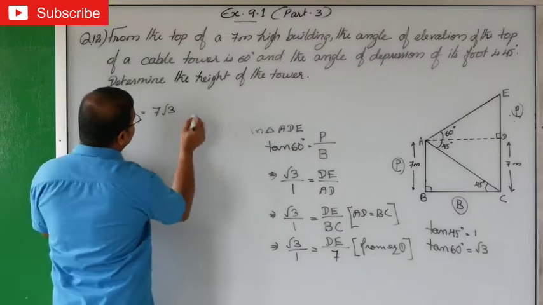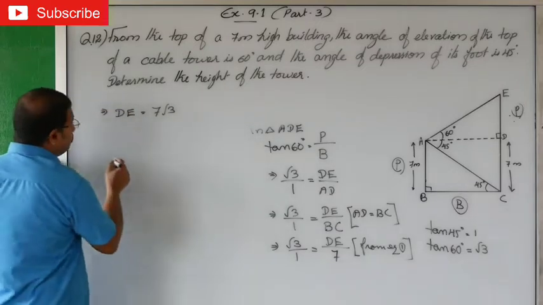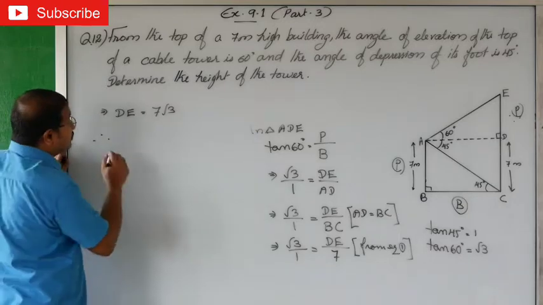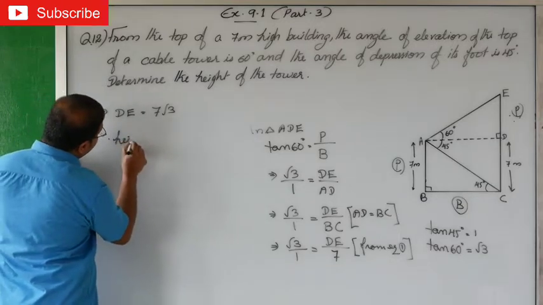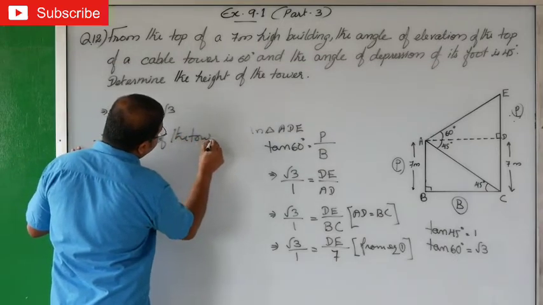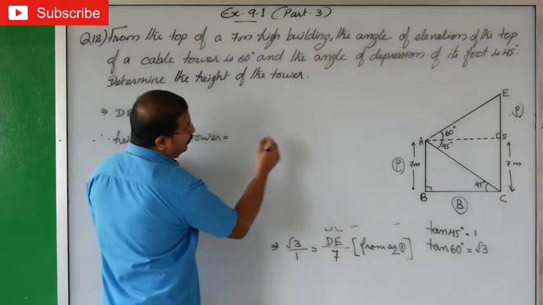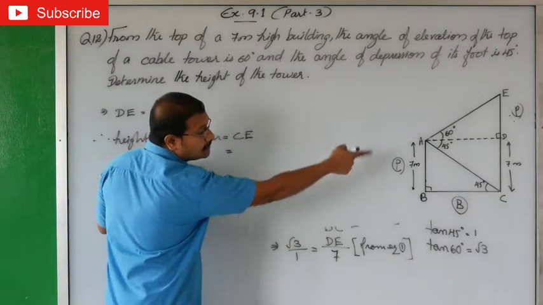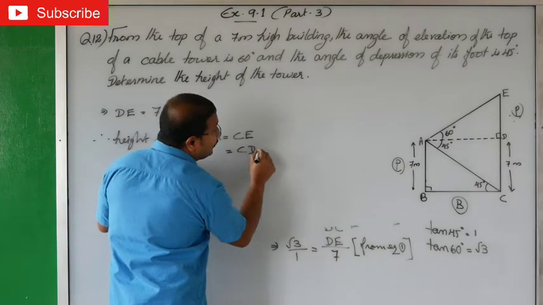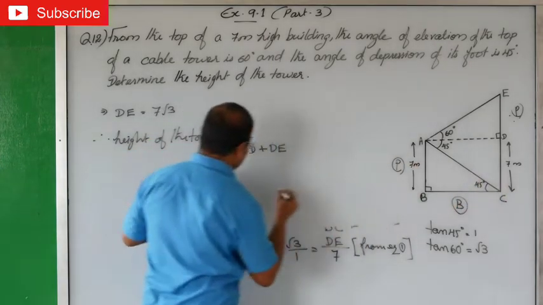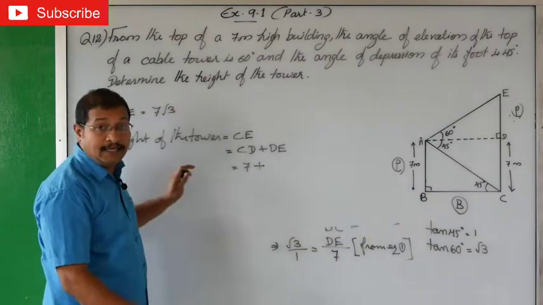Ready? Alright. Now, therefore, we want the height of the tower. Height of the tower equals, what you will do? CE equals CD plus DE. CD is 7. 7 plus DE we got it now.